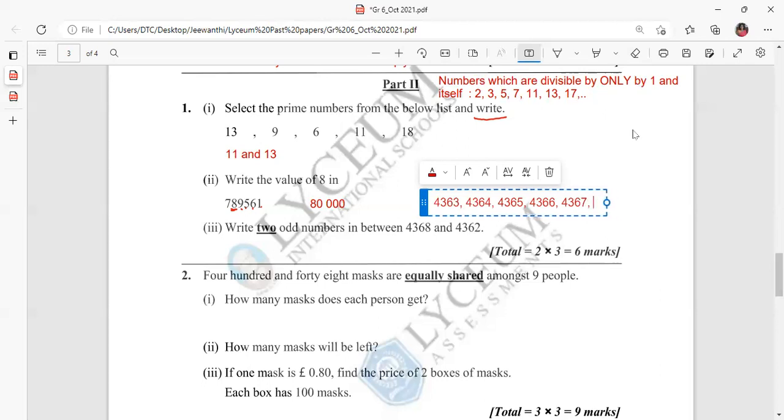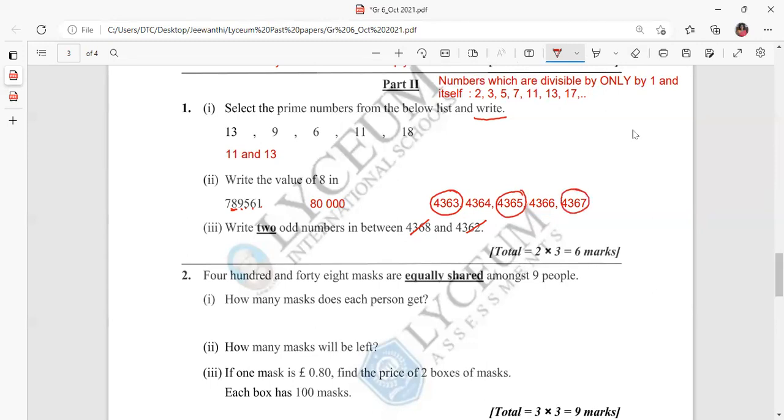Yeah, 68 we can't get. These are the numbers we have in between, because when they are talking about in between, you can't take these two values. 4,368 you can't take. 4,362 you can't get. Out of that, what are the odd numbers you have? 63, yes. So then 65 and 67.